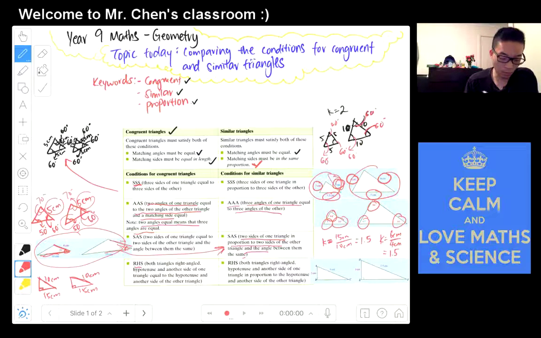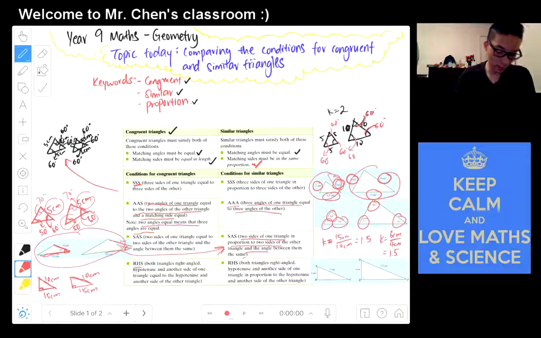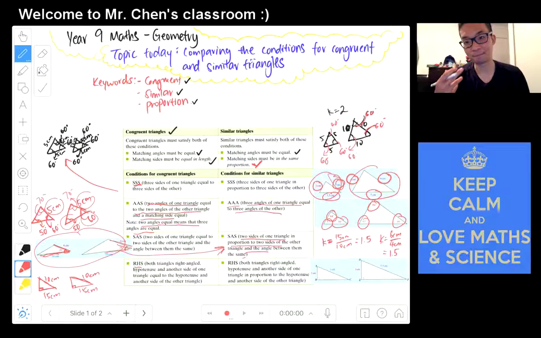Okay, so they literally need to be the same. No other way around it. So it's pretty much kind of like side. You just need to make sure the hypotenuse and one of the lengths is the same as the other matching right angle triangle.